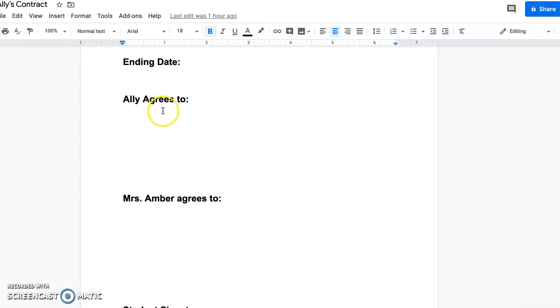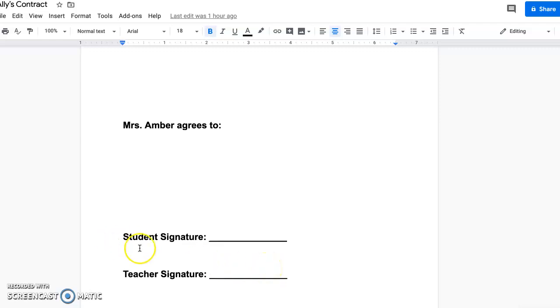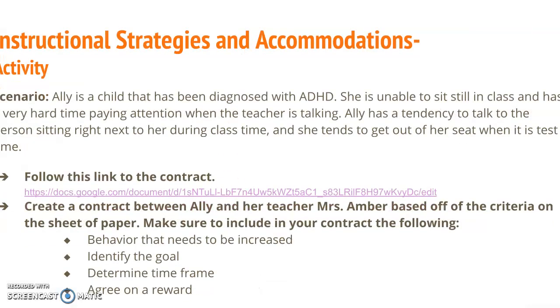Miss Amber and Allie both need to agree on the steps. We also need to agree on a reward. What is the reward Allie gets if she achieves this goal? At the end, I want you to have the student signature and teacher signature because that makes it all official. This is the method a lot of people go through when forming a contract for students. Okay? All right.